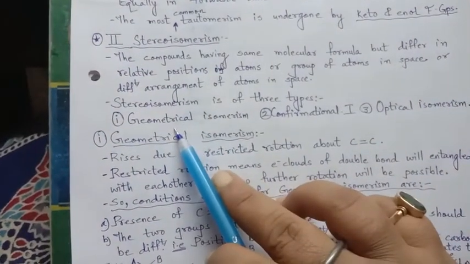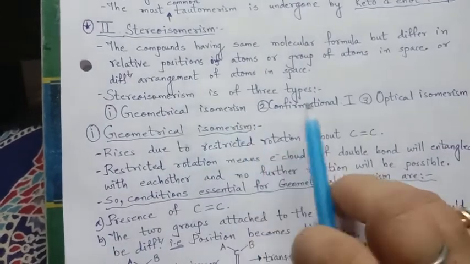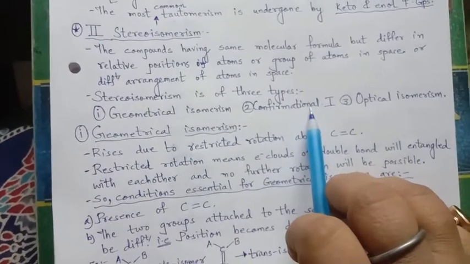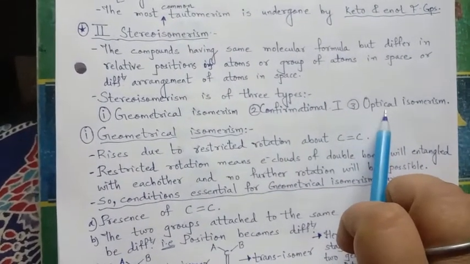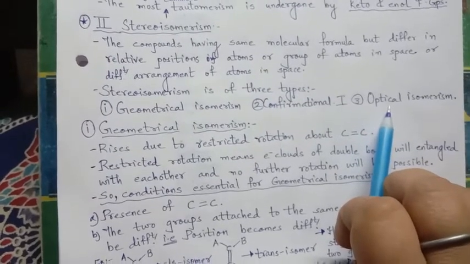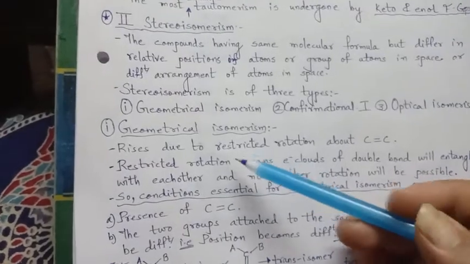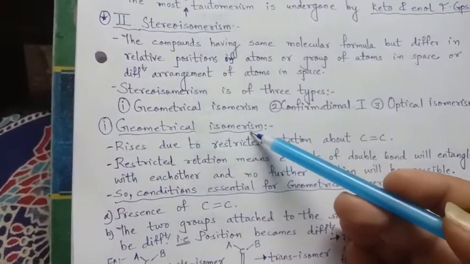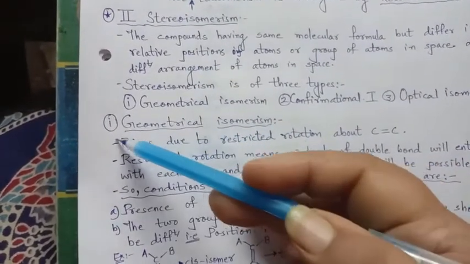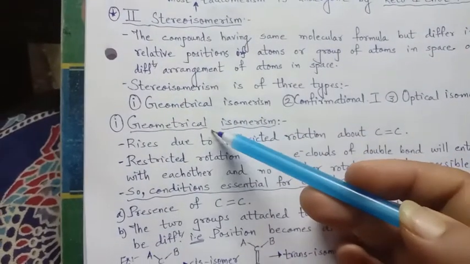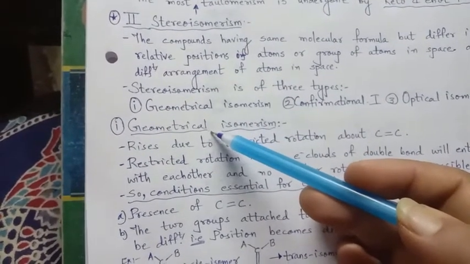Here we will see geometrical isomerism and conformational isomerism. Optical isomerism you will learn in depth in your 12th class, right? But let us now see geometrical isomerism. The word gives us the geometry. Geometrical means which will give us an idea about geometry.